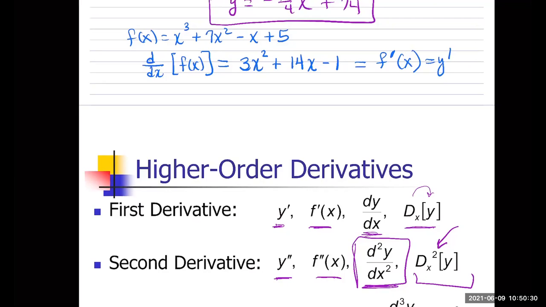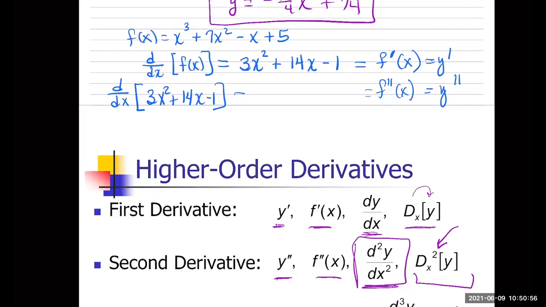And to take the second derivative, you just take the derivative of that function, right? So that means now I take the derivative of the function in the previous step. So do you see what I put there?